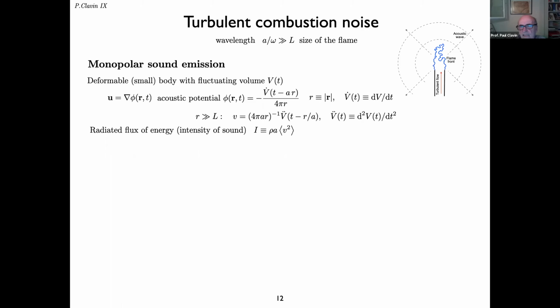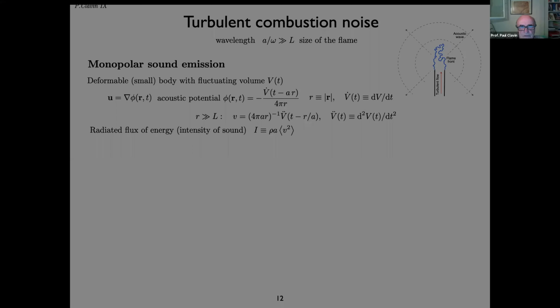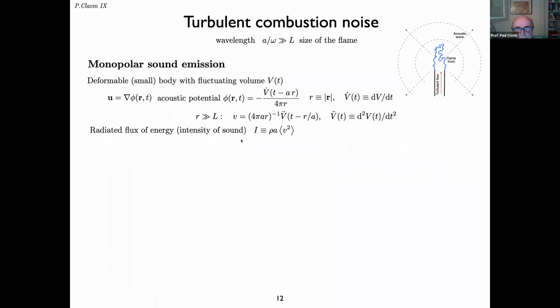This is the energy per unit volume times the sound speed, because the acoustics propagate with the sound speed. Oh, excuse me, I made a mistake. So the intensity is simply rho v squared, where v squared is averaged over time.